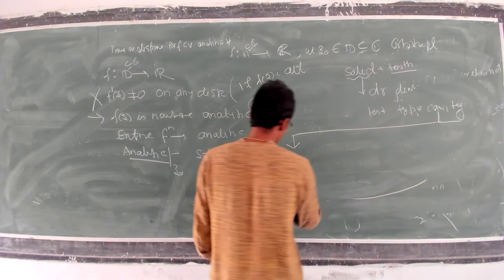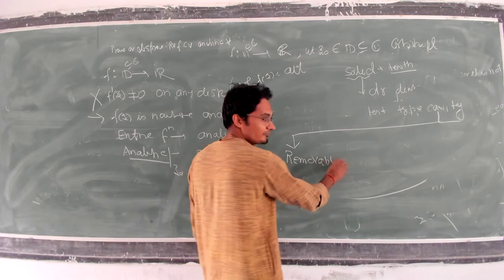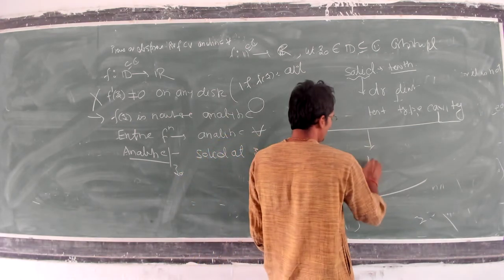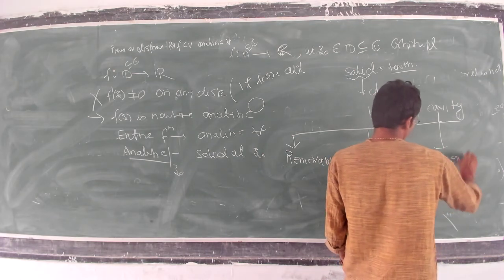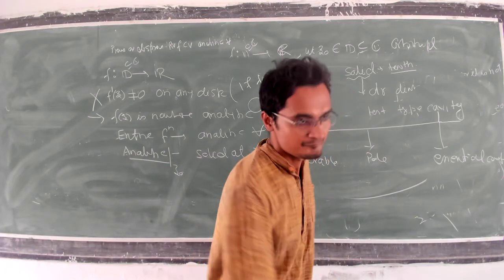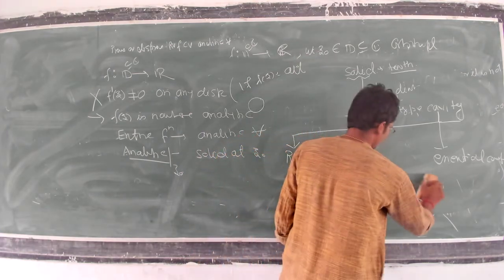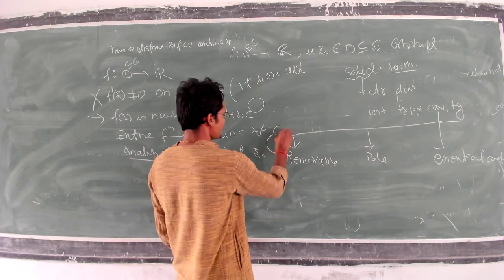He gave the names: the first is removable cavity, another is pole cavity, and the third is essential cavity. Okay? Remember this. These are the three cavities.